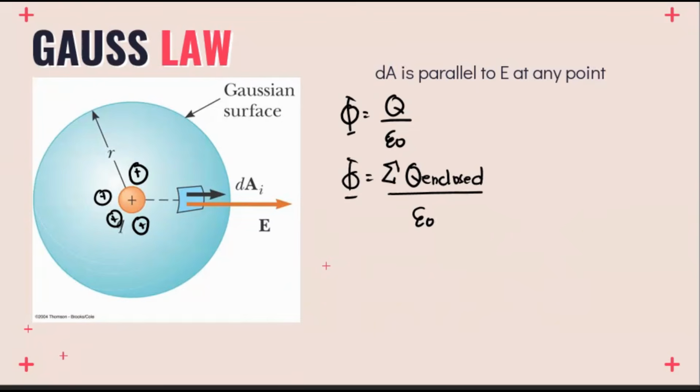Okay? So, that is how we get the value of the flux density with more charges on a closed surface, or the total electric flux.